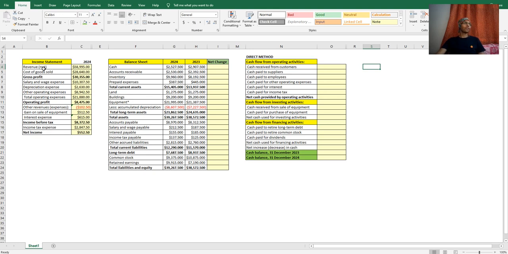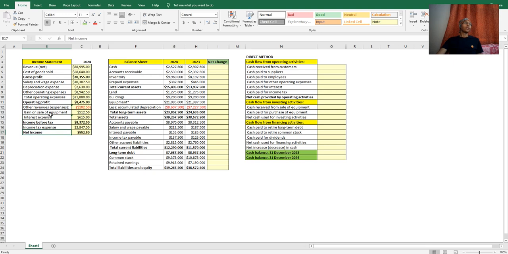As usual, you can see revenue, cost of goods sold, gross profit, salary, depreciation, other operating, total operating profit, other revenues. Other revenues have been divided into two parts, which is gain on sale of equipment and interest expense, income before tax, tax expense, then net income.